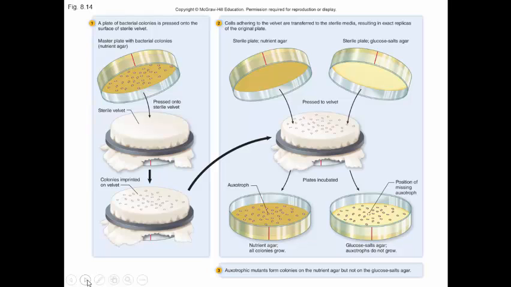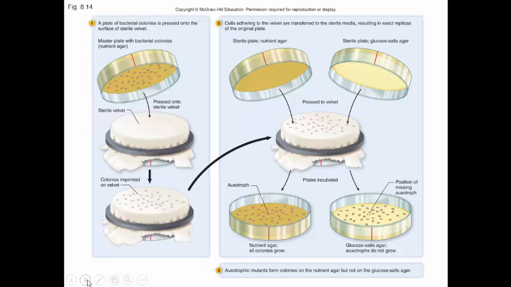The auxotrophs lack, because of mutations, the capability to take the salts and the glucose and make the essential building blocks to replicate. So they die out. The wild type basically will thrive on glucose and salts, just as it would easily thrive on nutrient agar.